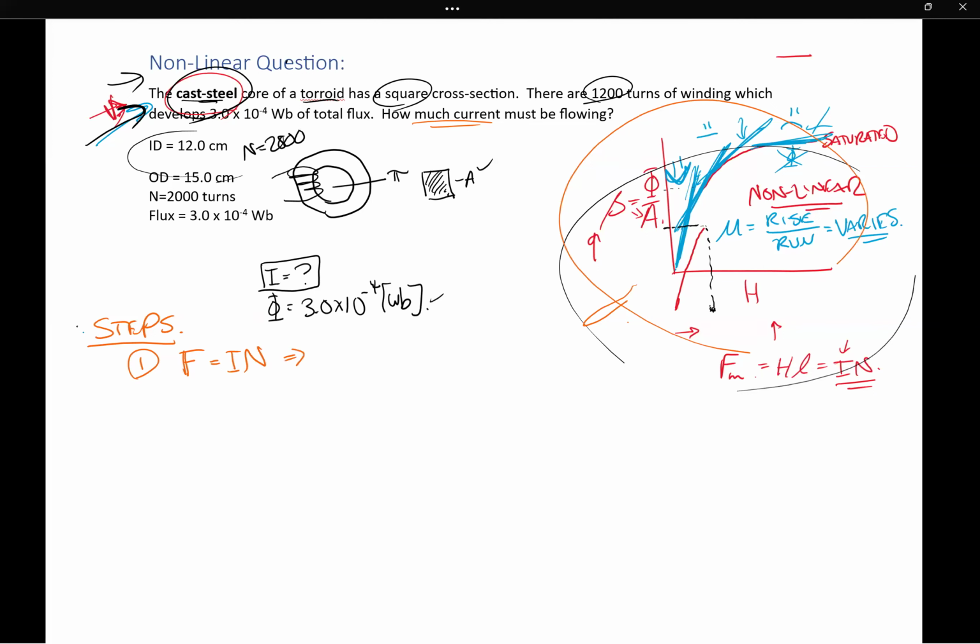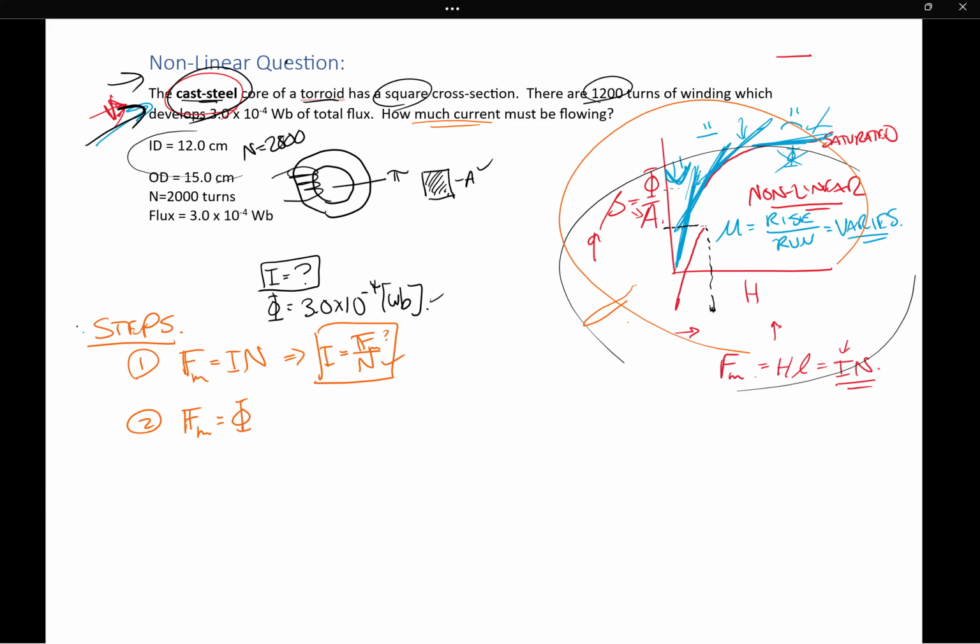So then I would rearrange this equation, since in this question I want to solve for current. So this is the equation that I'm going to use. And I already know N, so I can substitute right in there. But I need to know FM. So what's FM? Well, FM also has another relationship. It's sort of like an Ohm's law relationship.